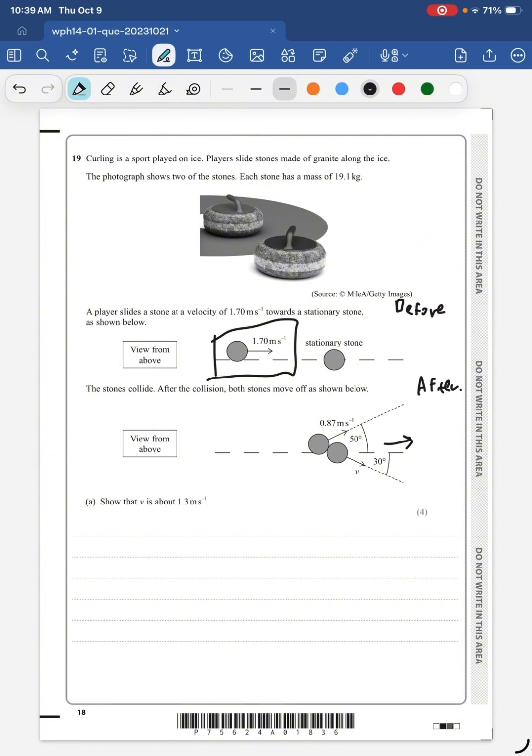So after the collision, this component of the momentum, where the velocity is 0.87, times 19.1 kilograms, which is the mass, so m times v1, let's call it v1 because v is the other velocity, times sine of 50, should be equal to this component, which is nothing but 19.1 times v times sine of 30 degrees, okay?